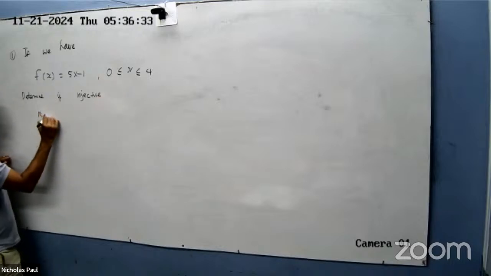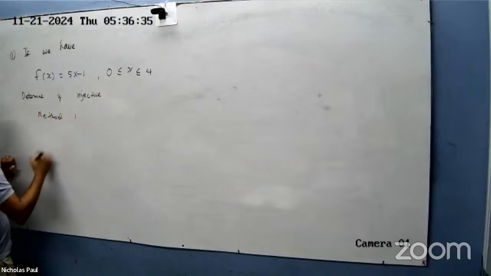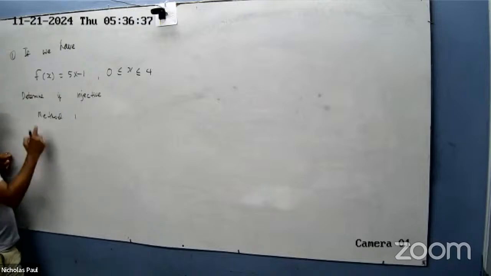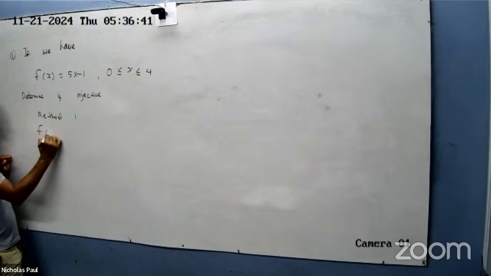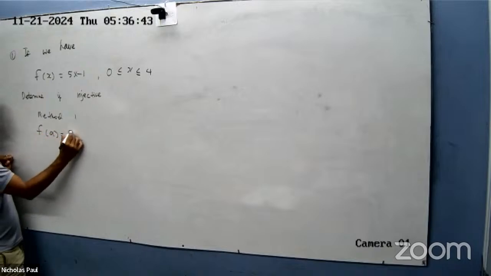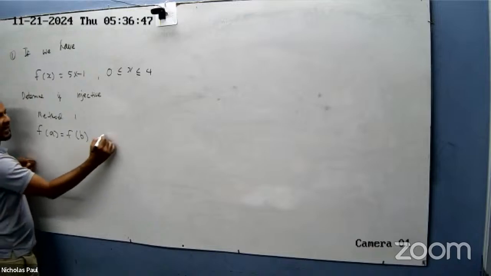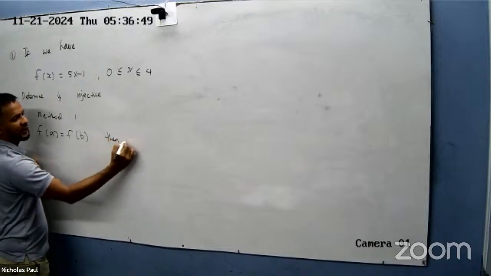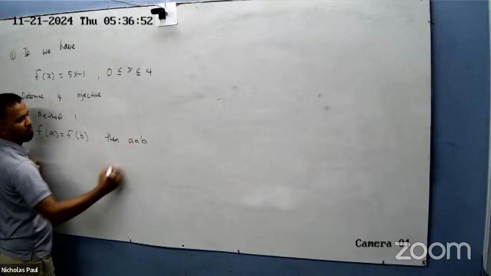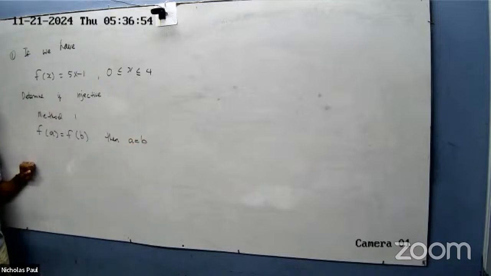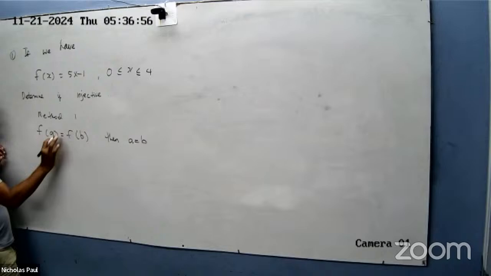So method one. Method one says that if we find f of a and make it equal to f of b, then we should get a being equal to b, if it's one-to-one. If I put a in here, I will get 5a minus 1.